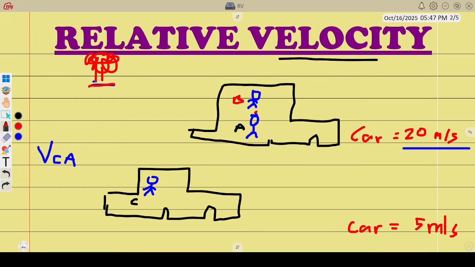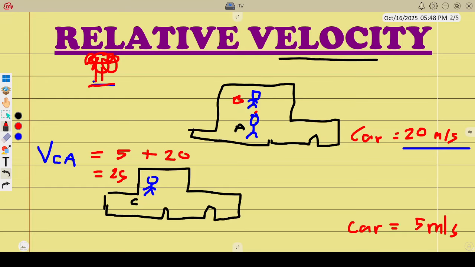So in this case, I would say 20. The velocity for C is 5, and then we add it, since this one is moving all the way forward, we would add it to 20. So we can put 25.